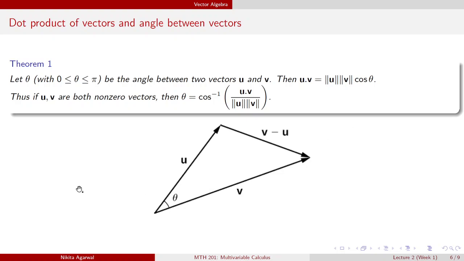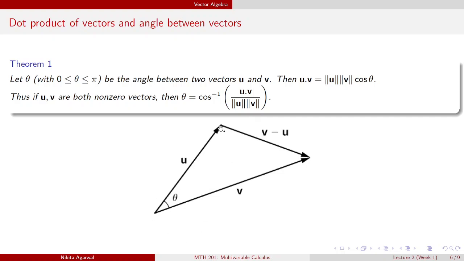So if both u and v are non-zero vectors, then norm of u and norm of v are both non-zero. So you can divide this entire equation by norm of u times norm of v, and then take inverse cosine on both sides. So you get theta equal to cos inverse of (u dot v divided by norm u times norm v). Okay. So pictorially what we are saying is the following.